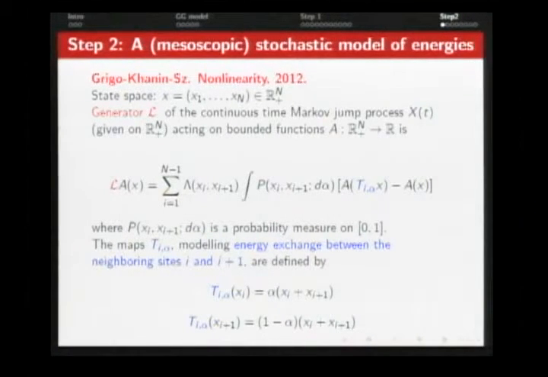If you selected alpha, then x, the total energy of the two neighboring particles, is redistributed: after the interaction, alpha part of the total energy goes to the first particle, and 1 minus alpha part goes to the second particle. So this is the energy exchange.